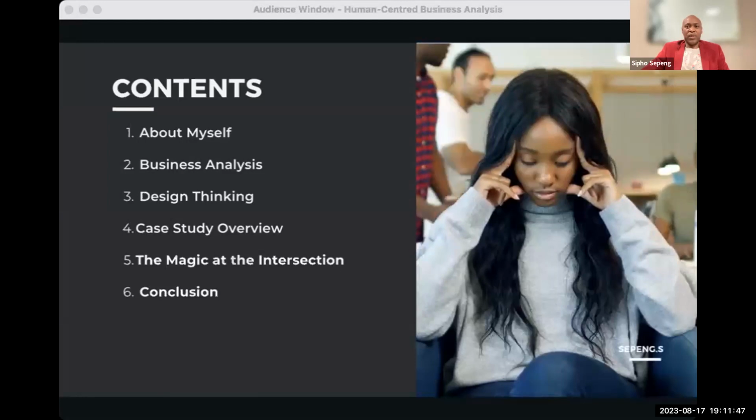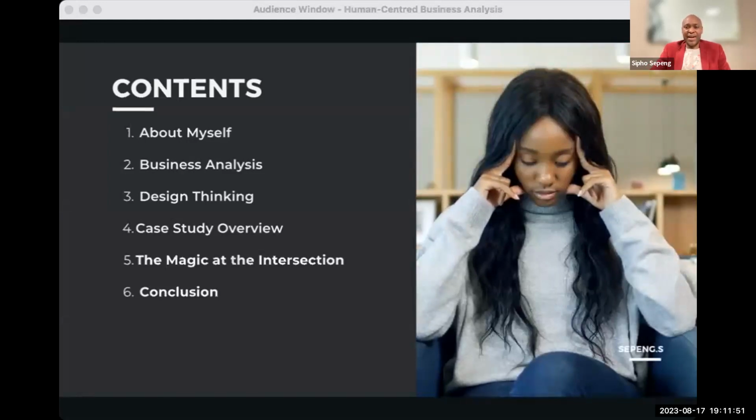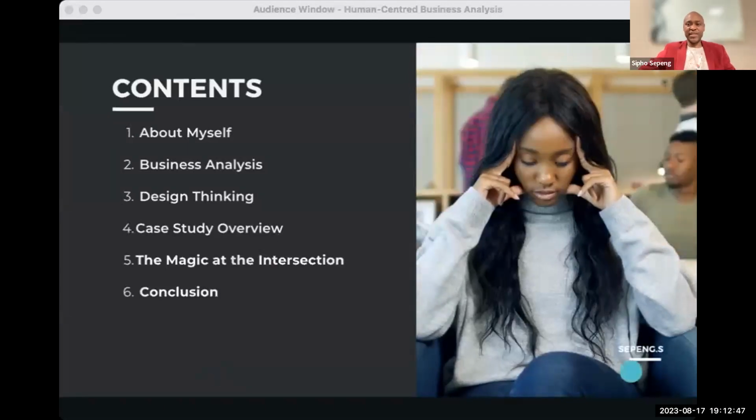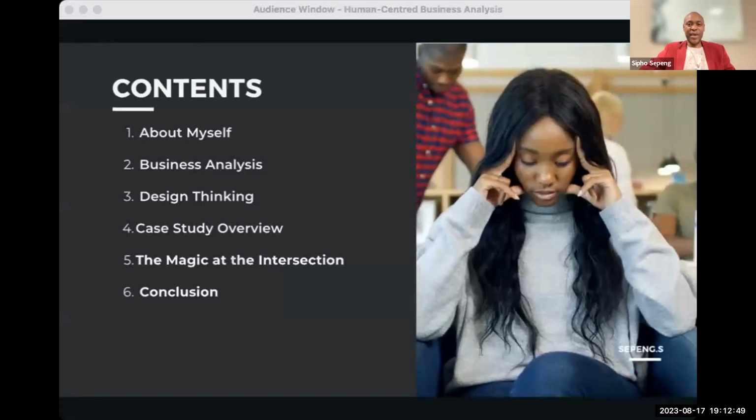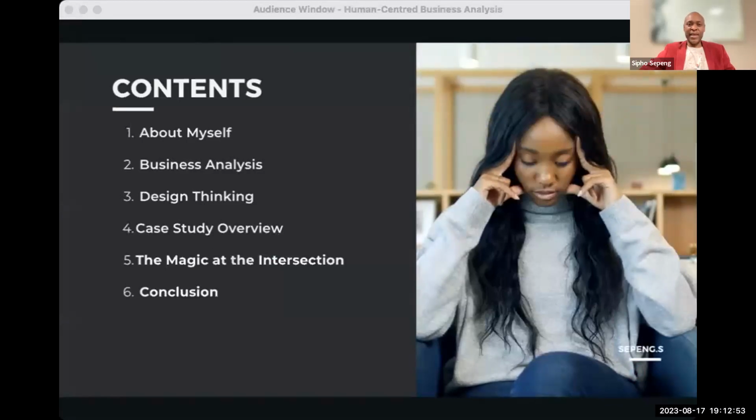The talk will focus on trying to engender harmony and minimize predilections for thinking, similarly the process, as well as some of the mindsets that drive design thinking. I'll give you a case study on some of the projects that I've worked on with business analysts as well.